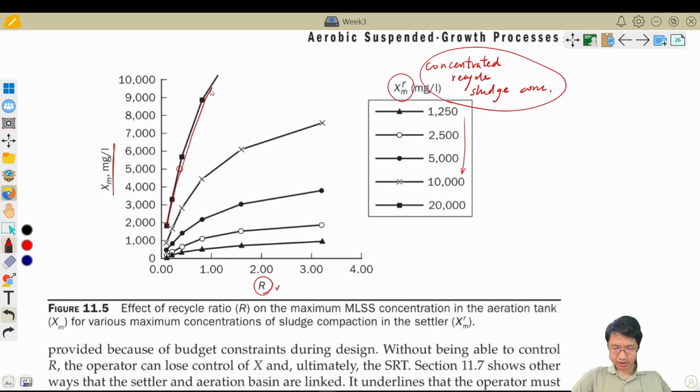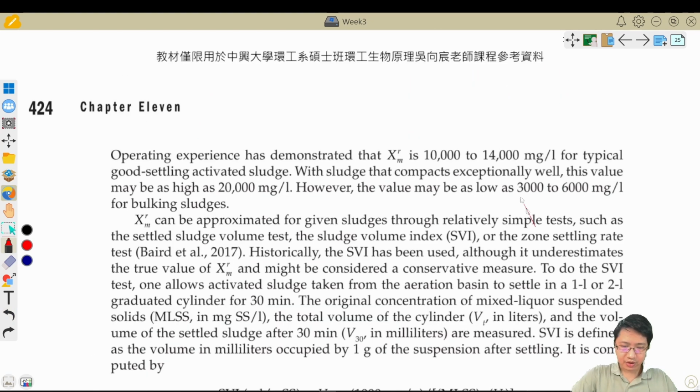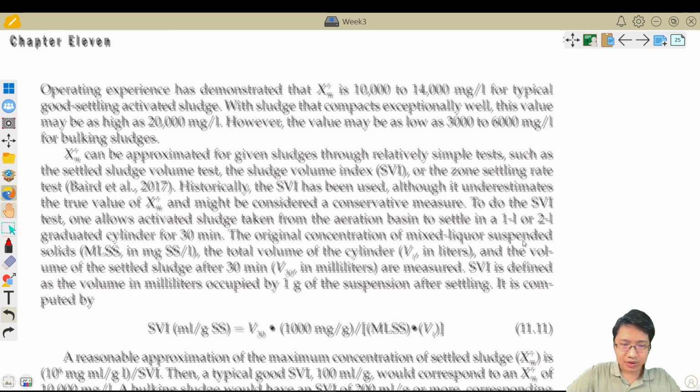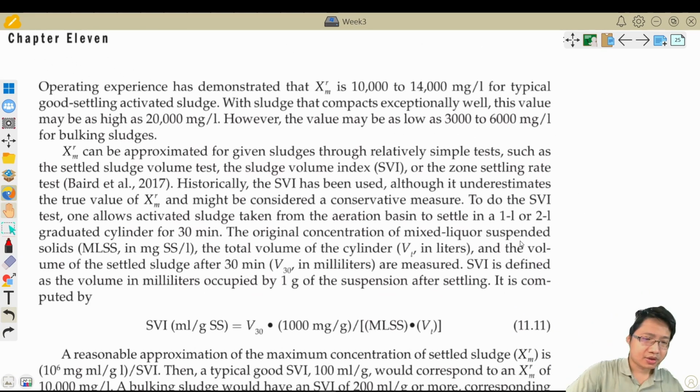If we want to determine the recycling sludge concentration here, sometimes we apply the SVI, the sludge volume index, which is the settling sludge volume test, to determine the concentration of XMR.